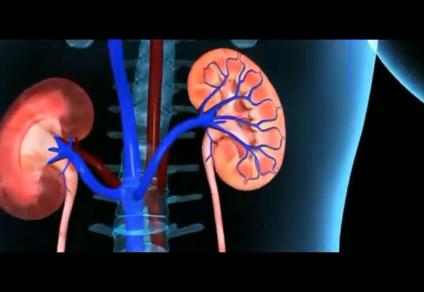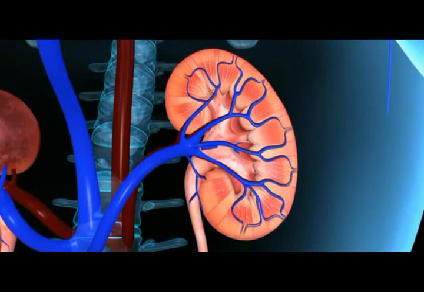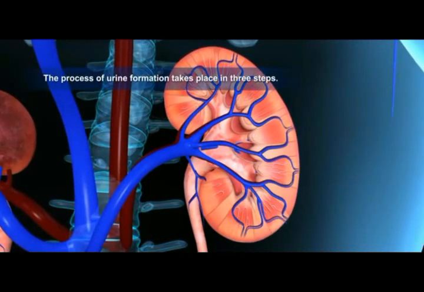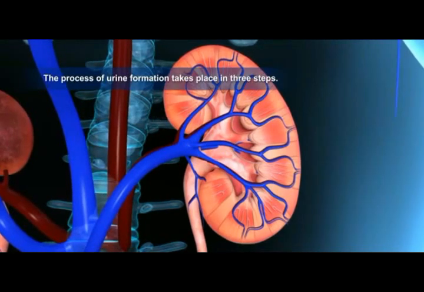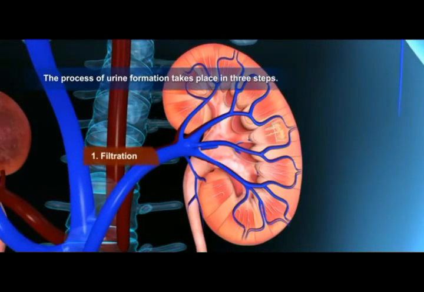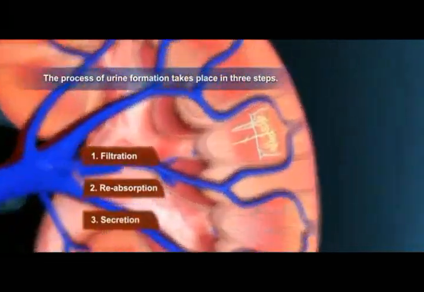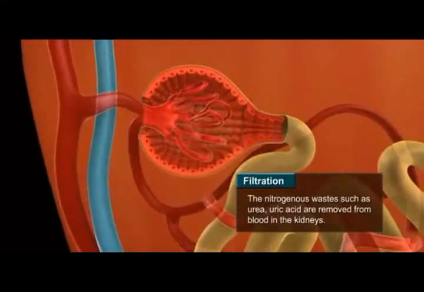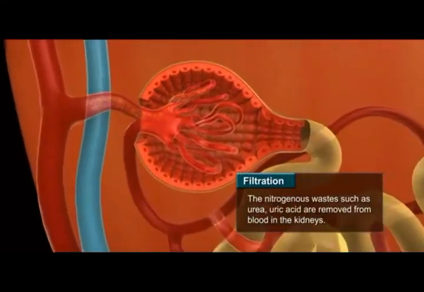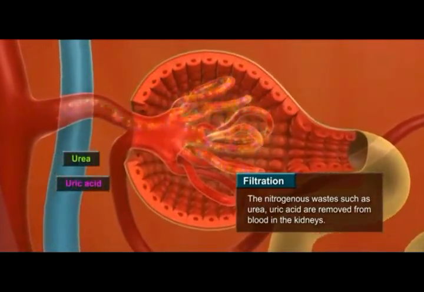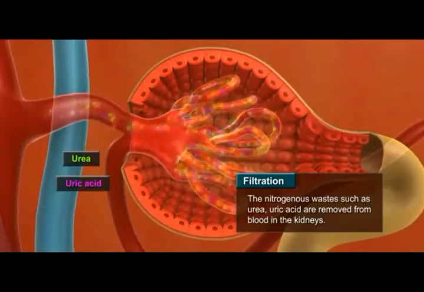Now, let us learn how urine is produced. The process of urine formation takes place in 3 steps: 1. Filtration. 2. Reabsorption. 3. Secretion. Filtration: the nitrogenous wastes such as urea and uric acid are removed from blood in the kidneys.